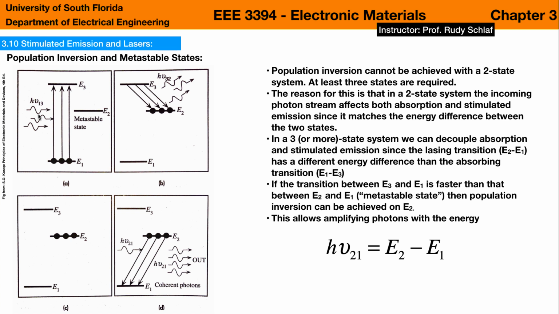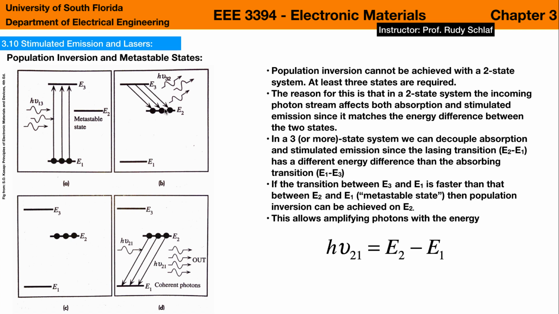So the way this works is one uses a frequency of light that matches E1 to E3, and with that one pumps the electrons up into E3. So this is the pump light, or the pump laser in many cases. Once the electrons are up in E3, they recombine onto E2 under emission of some light.